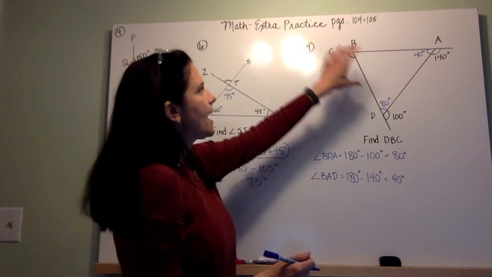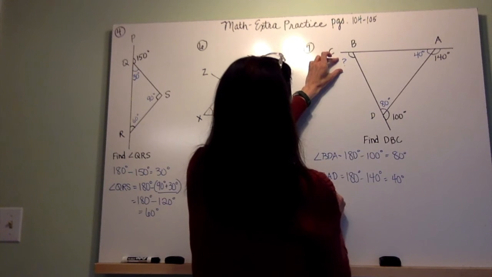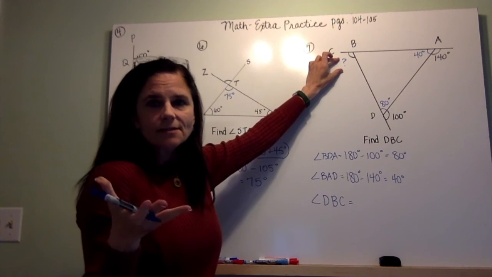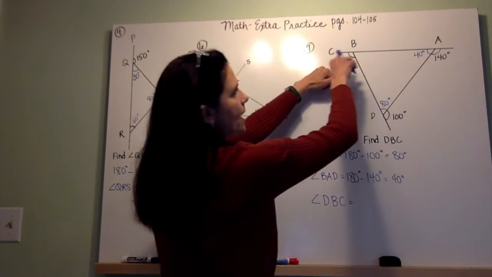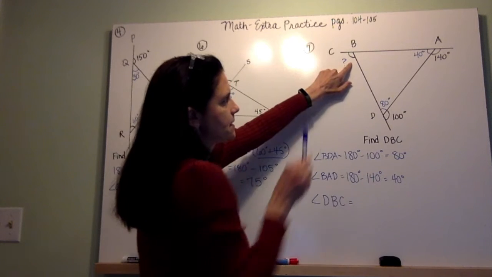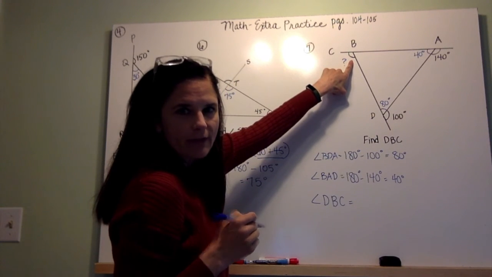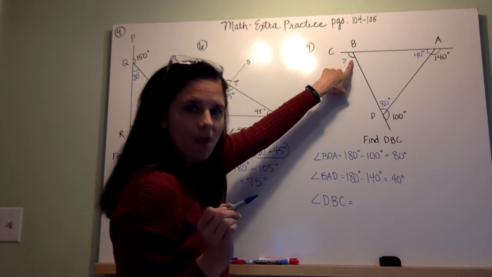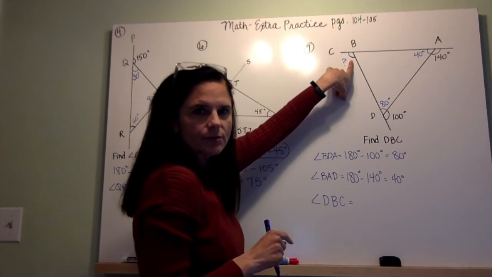Okay? Now, right here, my unknown angle, DBC, is an exterior angle. Why is it an exterior angle? Because this side of the triangle, that straight line, has been extended. And so my property tells me that the exterior angle of a triangle is equal to the sum of the two opposite interior angles.